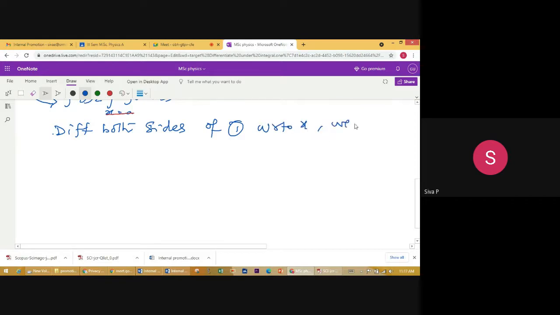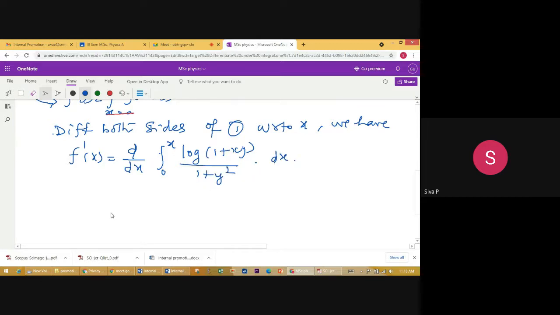We have f dash of x equal to d by dx of the integral over 0 to x of log(1 plus xy) divided by (1 plus y square) dx.